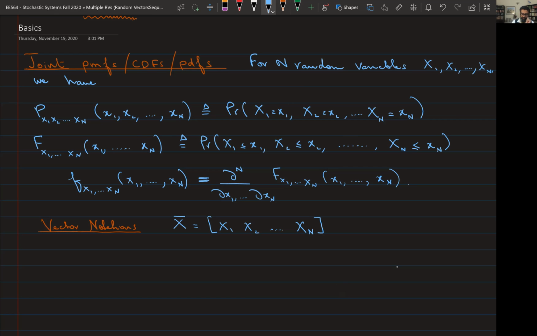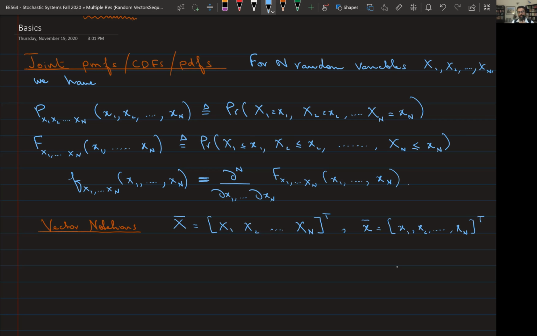Okay? And by default, all of the vectors that we're going to consider from here on are going to be column vectors. Now, at the same time, I can define a vector small x as well, which is just a collection of those small x1, x2, all the way up to xn in a column vector format.